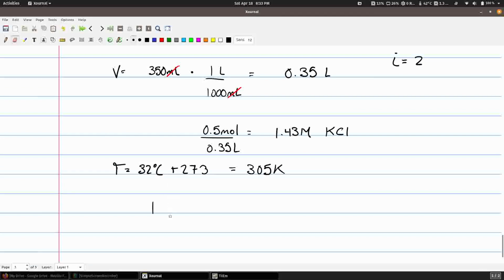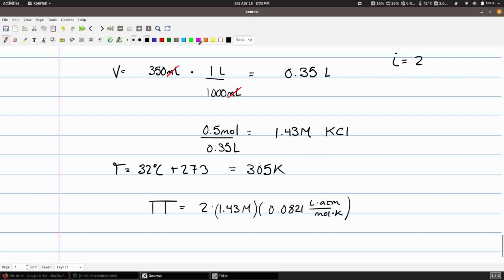That's a big pi symbol. All right. So pi equals 2 times molarity is 1.43 M times 0.0821, and that's liters times atmospheres over moles times Kelvin.